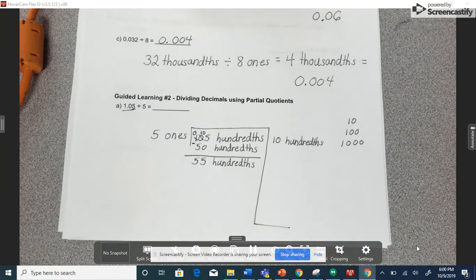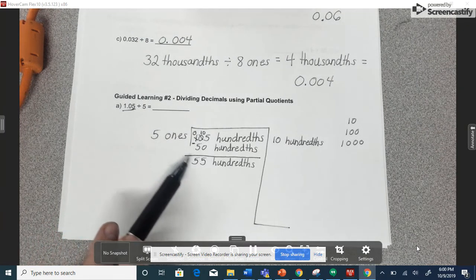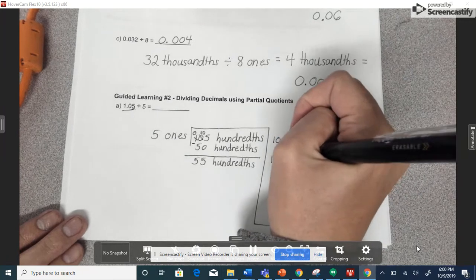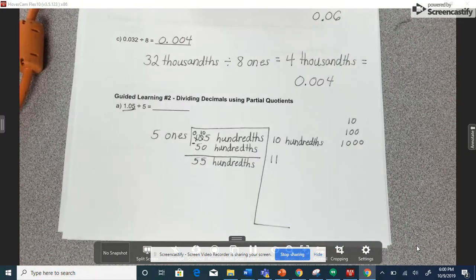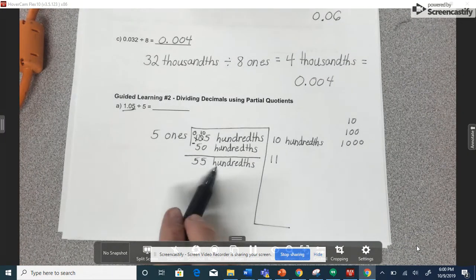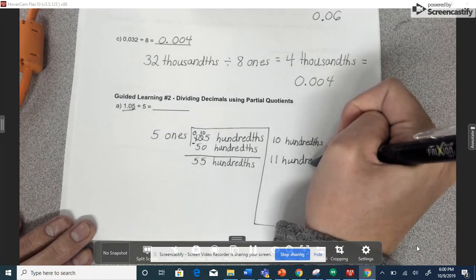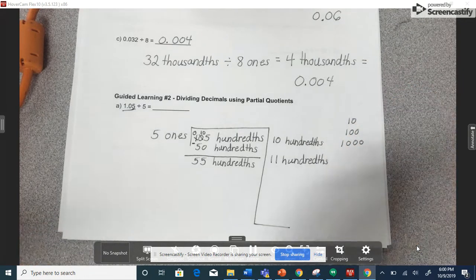Now let's see. What can we multiply by 5 to get close to 55? Oh, I know 11 times 5 is 55, so I'm going to put 11 over here now. We're still dealing with hundredths, so I'm going to put 11 hundredths to the side.